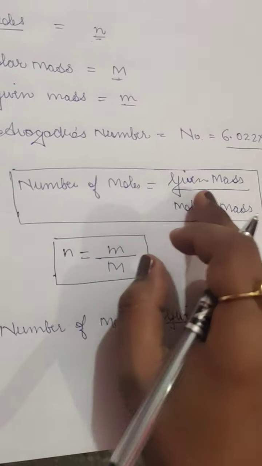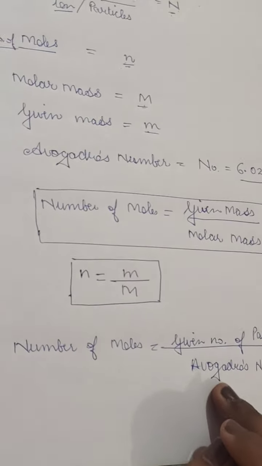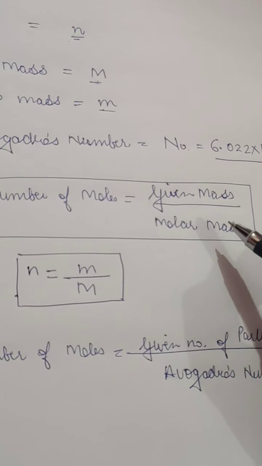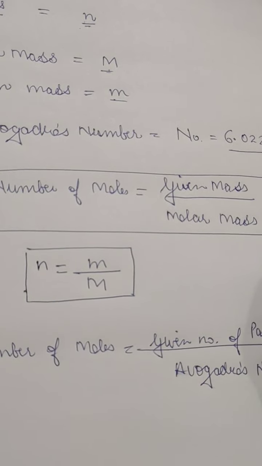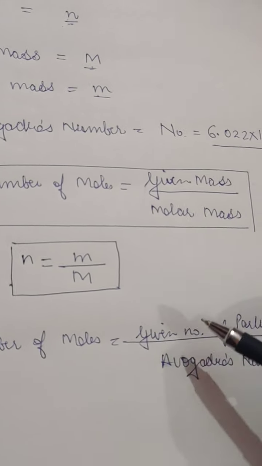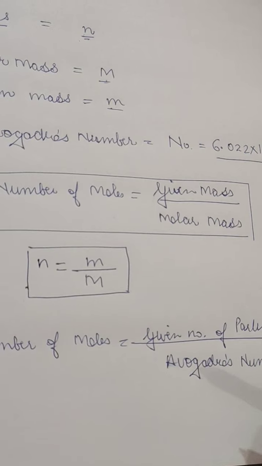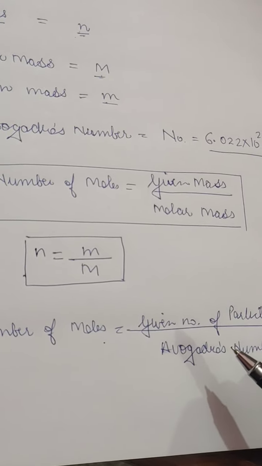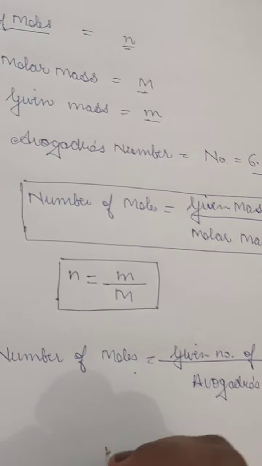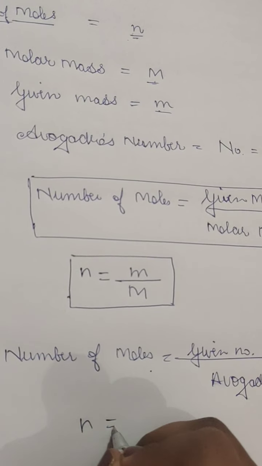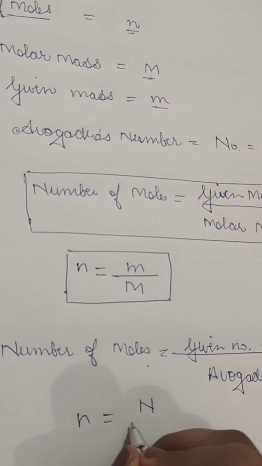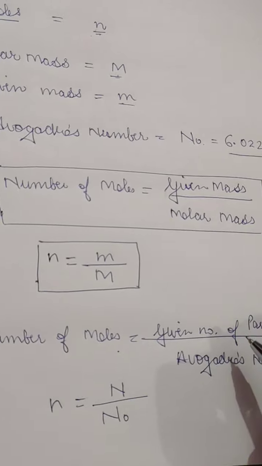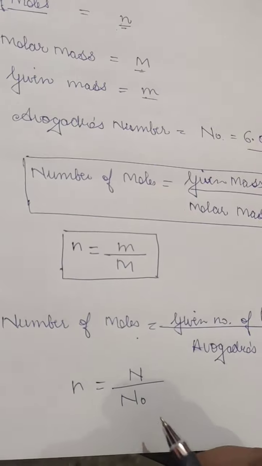Because sometimes the given mass and molar mass are not given, and we have just been given the number of particles. We have been asked to find the number of moles when the number of particles is given. So in that case we need this formula, which is small n equals capital N upon N naught, because Avogadro's number is N naught and the given number of particles is capital N. So this is the next formula.